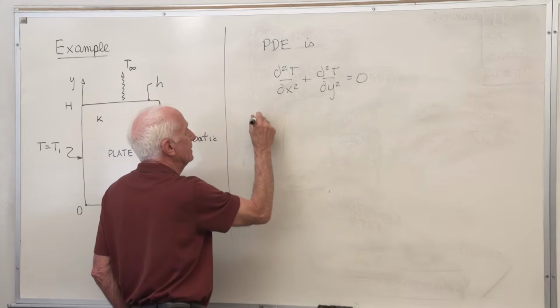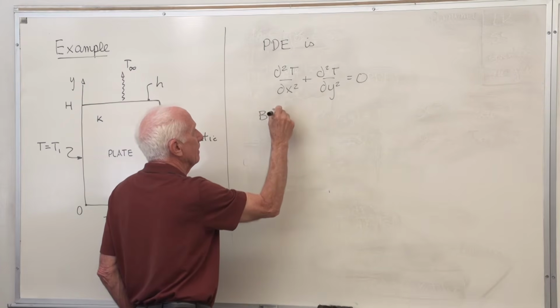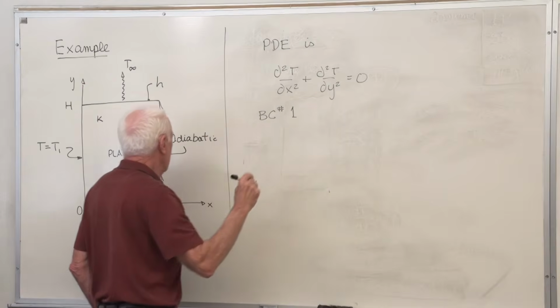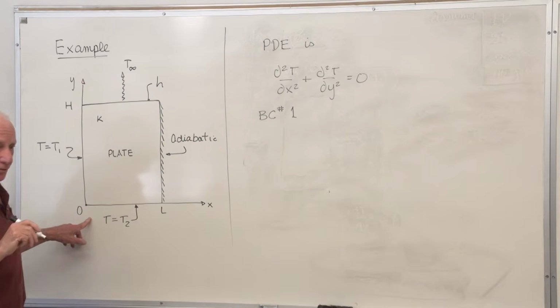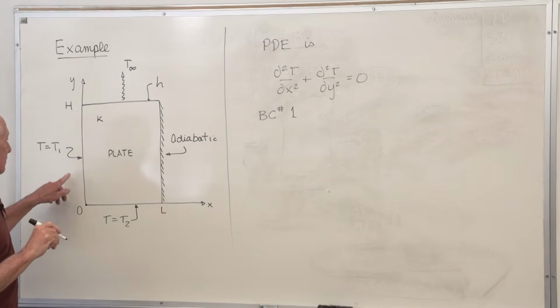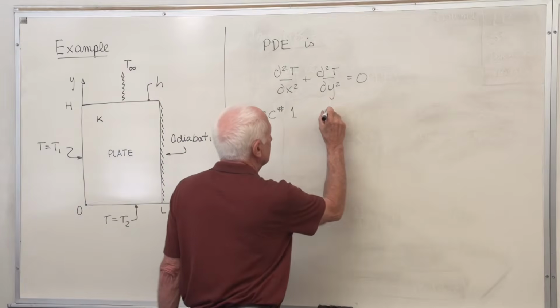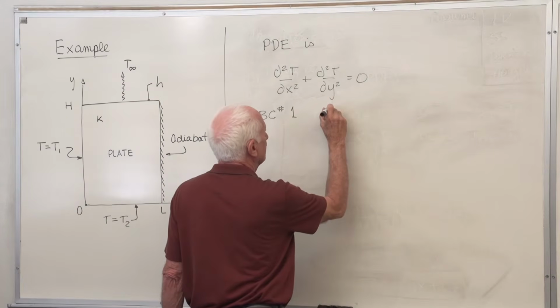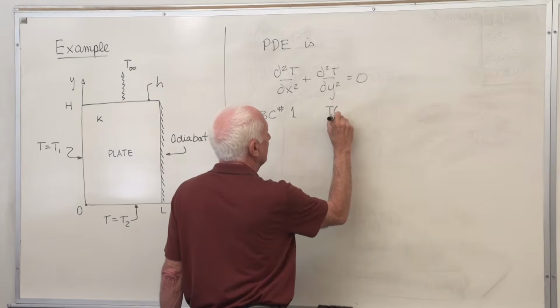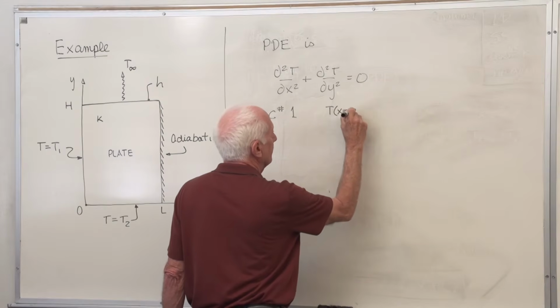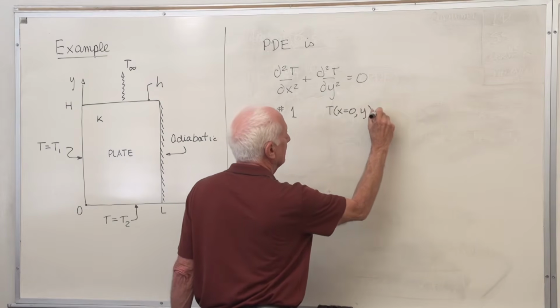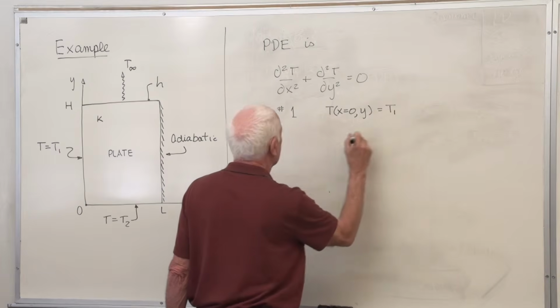Okay. BC number 1. I know when X is equal to 0, for any Y value, the temperature is T1. So T at X equals 0 for any Y equals T1.